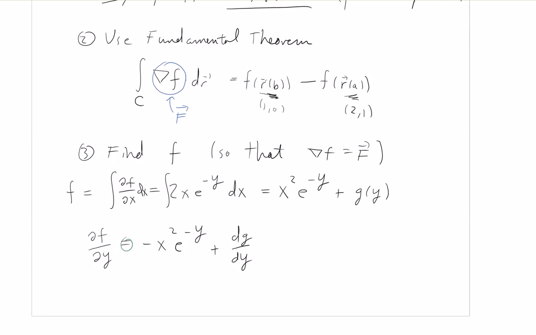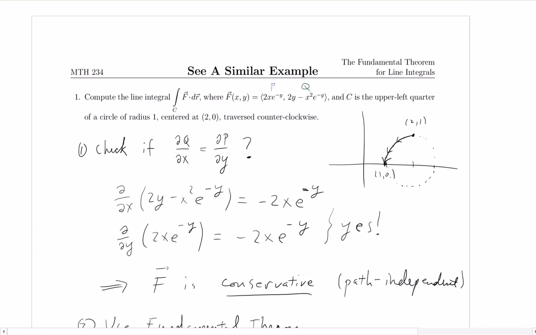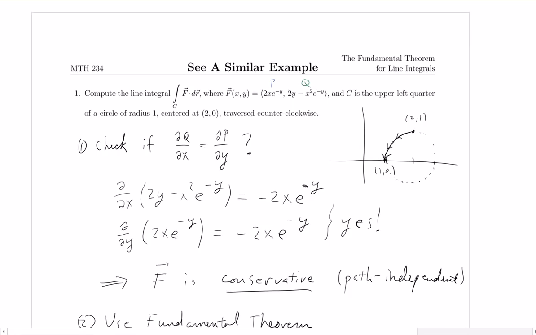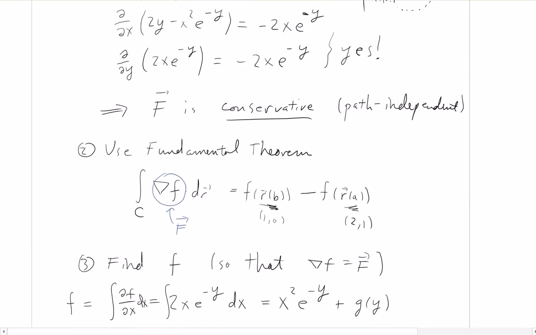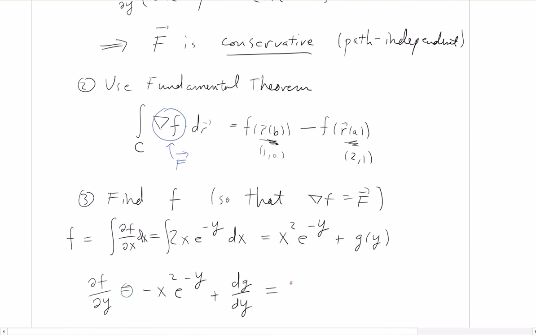But again, let's use the same logic we used before in the last step. If we want the gradient of little f to be the original big F, then we want this y derivative to be equal to what we called q at the beginning. So this needs to be equal to 2y minus x squared e to the minus y.